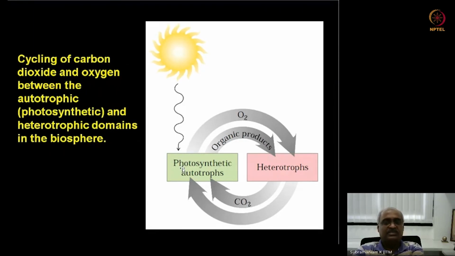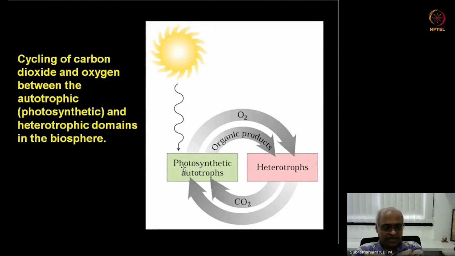They can use the sun's energy and then make energy-rich chemicals by themselves, and they are called autotrophs. Okay, they are not dependent on other organisms for organic macromolecules. They can make them from the elements themselves.